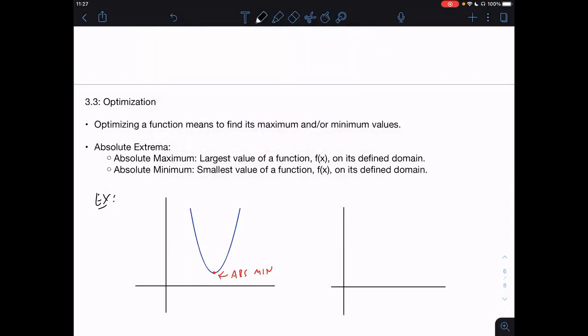Now, if we have a downwards parabola, then in this case, we have a downwards arc. In that case, our maximum point would be the height of this arc. So that would be our absolute maximum if we were to define the entire domain of this function.